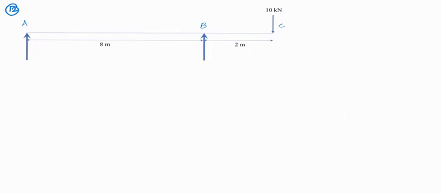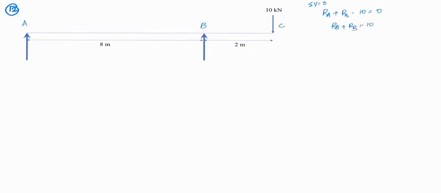As in the case of a simply supported beam, we need to find the reactions at A and B, that is RA and RB. When we take sigma Fy equal to 0, we get RA plus RB minus 10 is equal to 0, which means RA plus RB is equal to 10.